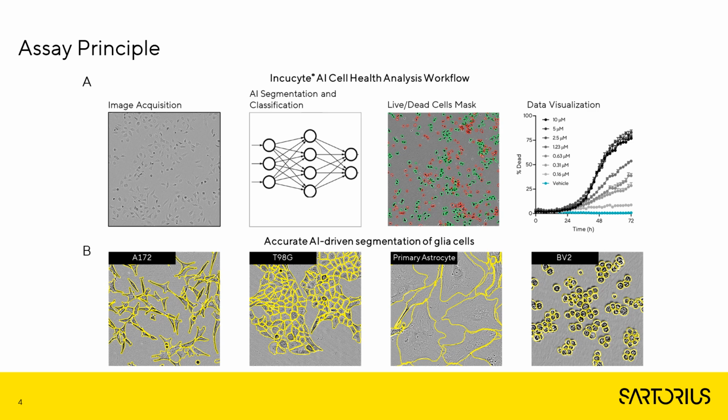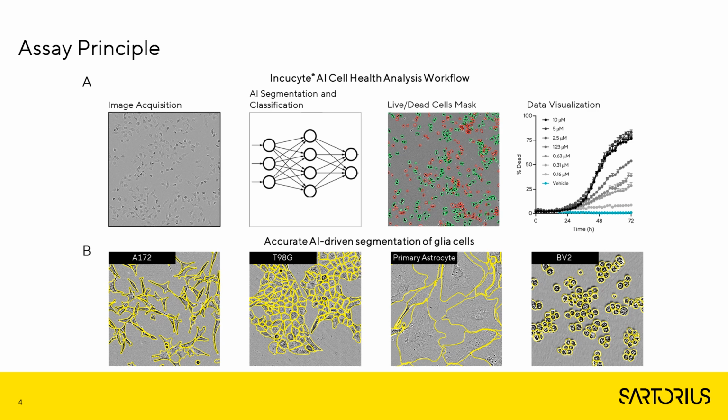The green mask indicates that the cells are live, and the red mask indicates that they're classed as dead. We can visualize the data in real time, and in the graph on the end, for example, we can see the percentage of dead cells over time, which increases with higher concentrations of the cytotoxic drug.